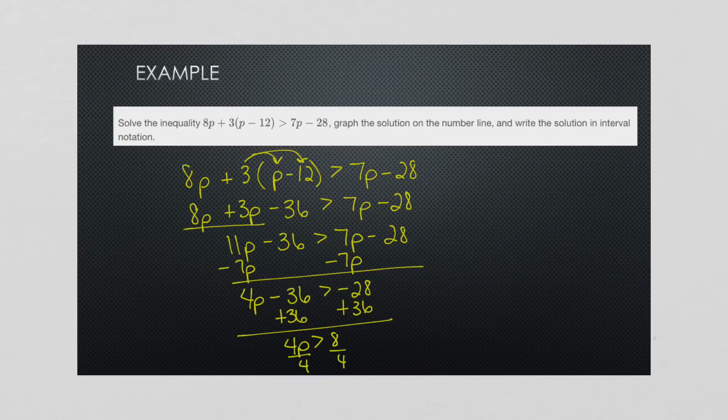So I get that, and I don't flip my sign at all. I don't flip my sign because I never divided or multiplied by a negative number. Okay, so now to graph this, I want an open circle at 2, and it has to point to the right. There you go, you're done.